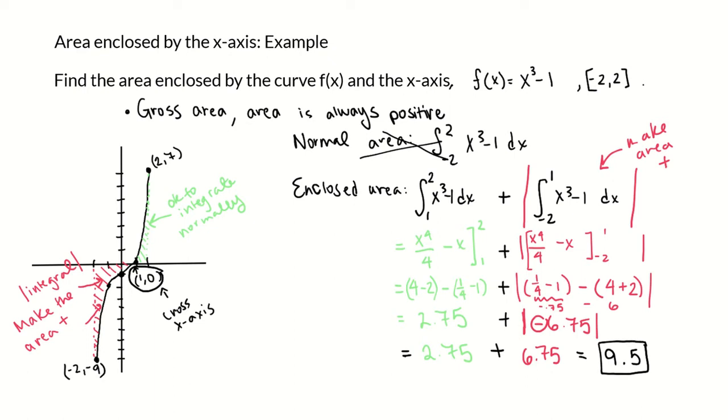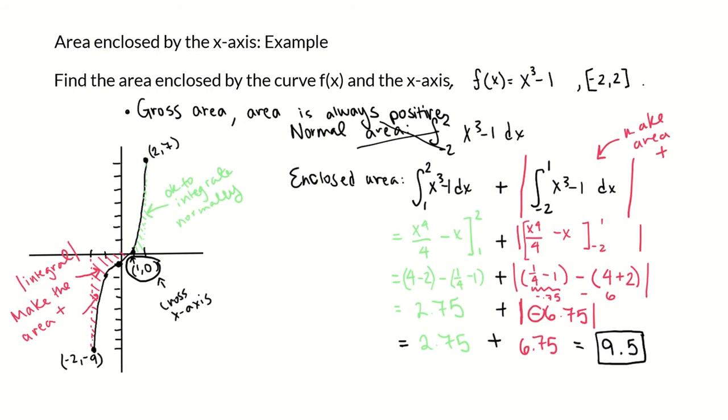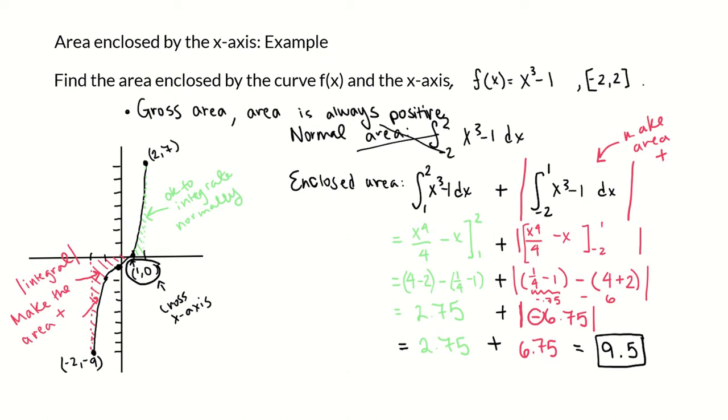So really the only difference here is that we need to split up our areas. In this case, we had to split our area wherever we crossed the x-axis. So we had to split our area at x equals 1. So that's one of the main differences.